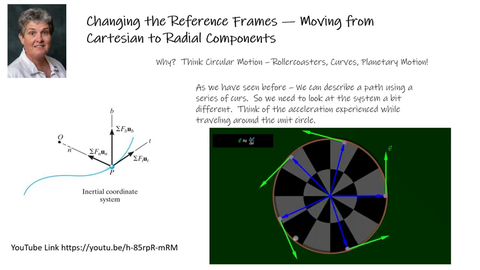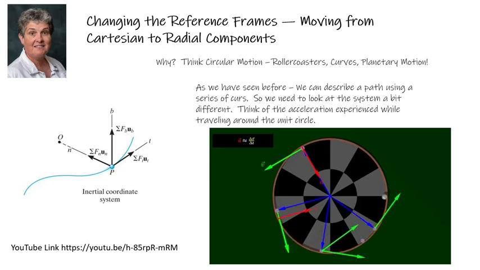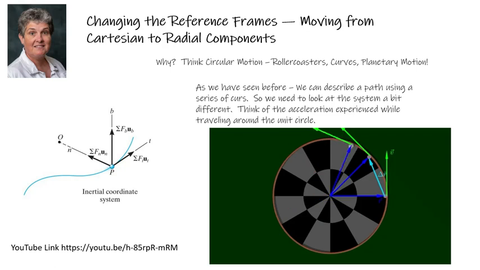We've got our velocity vector always tangent to the circle. So remember, we're going to get an acceleration because we get a changing velocity. And now we get that centripetal acceleration.